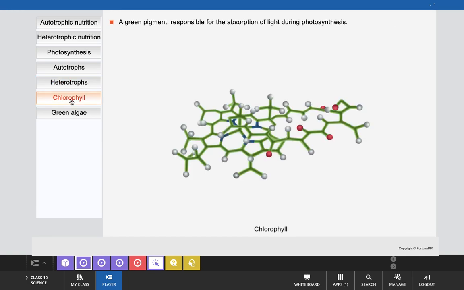Chlorophyll. This is a green pigment responsible for absorption of light during photosynthesis. Here is the structure of the chlorophyll molecule that you can see in this diagram, and this is one of the important conditions required for photosynthesis or autotrophic nutrition.